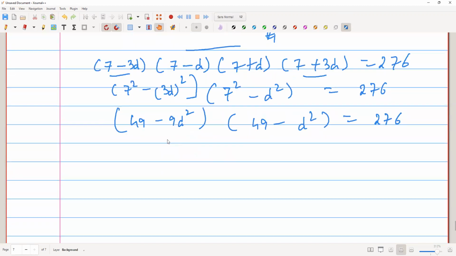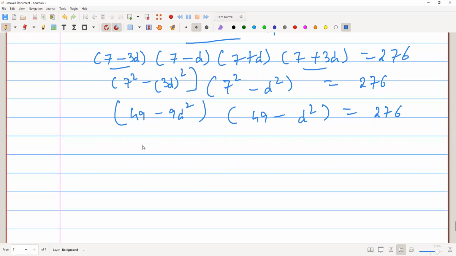I have to multiply. What is 49 into 49? I have to multiply 1 by 1: 49 into 49, 49 into d square, then minus 9d square into 49 into d square. What is 49 into 49? It is 2401. I will be teaching you today regarding that.